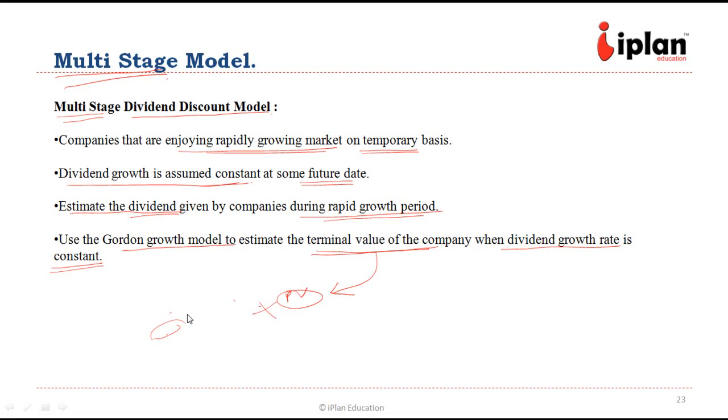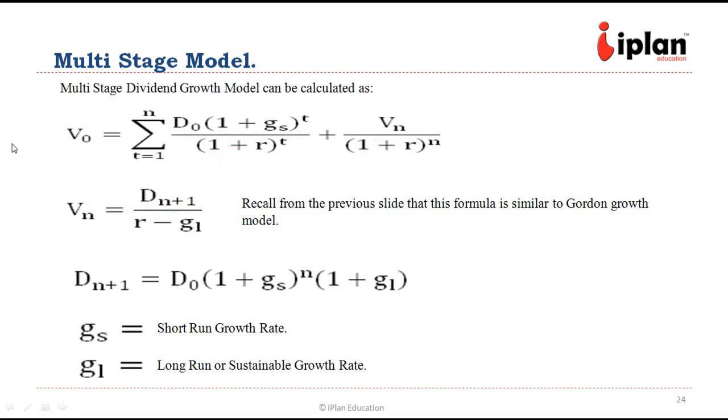So this is the value of the company. Here Gs is the short run growth rate. The dividend is growing at this rate, so D naught into (1 plus Gs) to the power t for all those years, divided by (1 plus R) to the power t. So we are discounting it to present value, and t is varying from 1 to N. For all those years we have the dividend discounted to present value.